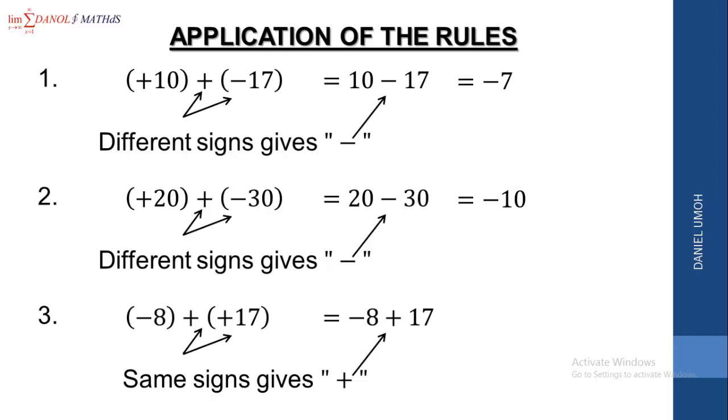So, minus 8 plus 17 will give us 9. Now, I want you to understand this point. There is 17 as a whole number. They are now bringing in minus 8 into 17. What I'm simply saying is 17 minus 8, and that gives us 9. Please take note of this particular topic. It is very, very important if you are a beginner in mathematics.